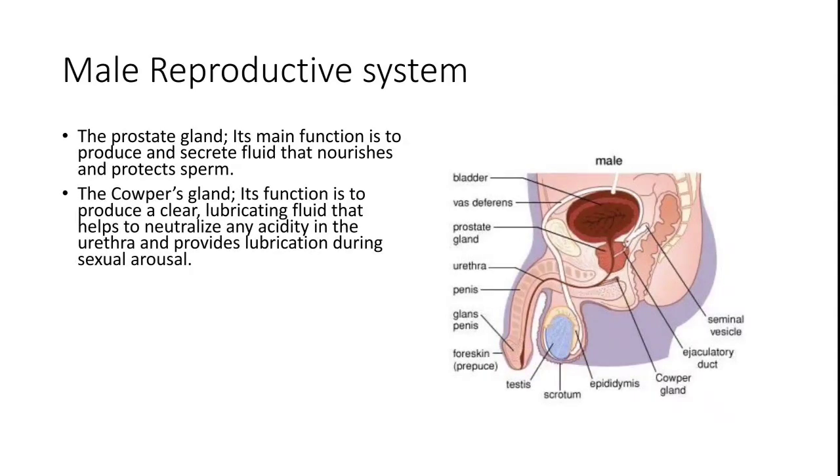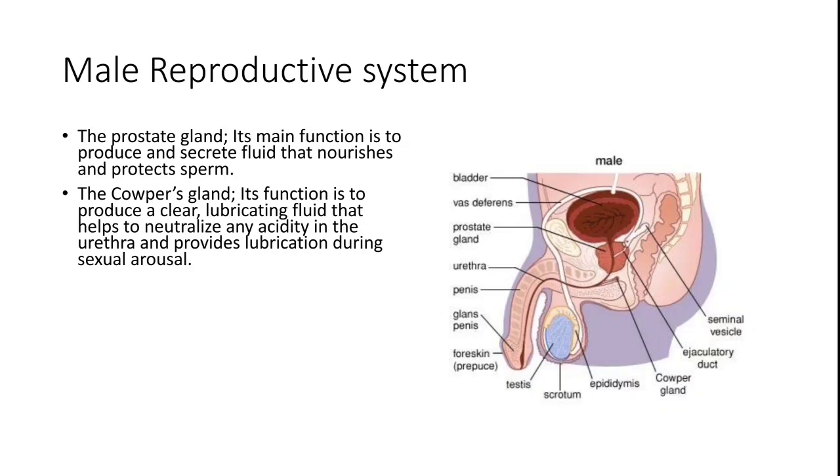The corpus gland, on the other hand, its function is to produce a clear lubricating fluid that helps to neutralize any acidity in the urethra and provides lubrication during sexual intercourse. Even the male reproductive system has a part that produces a fluid to lubricate the penis during sexual intercourse, and that part is known as the corpus gland.